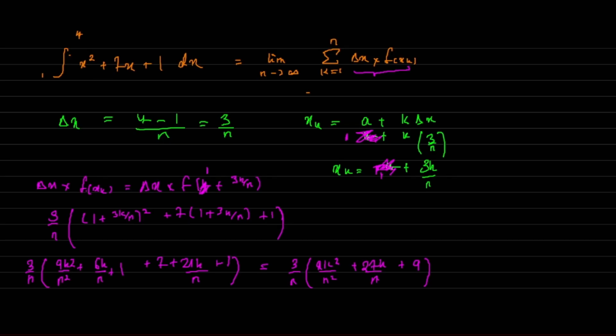So the sum from k equal to 1 to n of 3 over n times, sorry, it's 9k squared over n squared plus 27k over n plus 9.